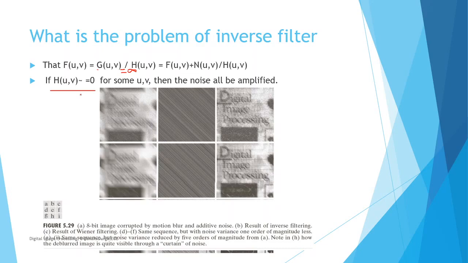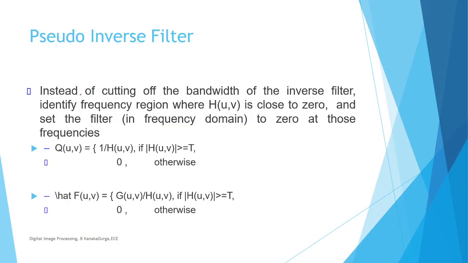So how can we overcome that? For that, we have the pseudo inverse filtering. What does the pseudo inverse filtering do? It uses a sampling technique with respect to a threshold value.